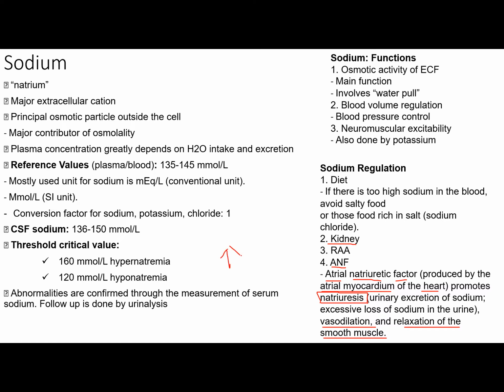So kung mataas ang ANF mo class, there would be increased urinary sodium excretion. And when there is increased urinary sodium excretion, this would lead to decreased sodium in the plasma. So dapat ang level ng ANF nyo is normal lang because too much of it could cause increased urinary sodium excretion leading to decreased sodium in the blood.